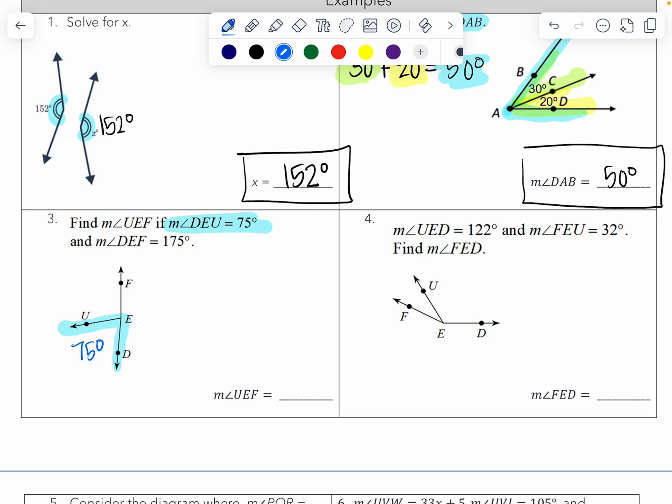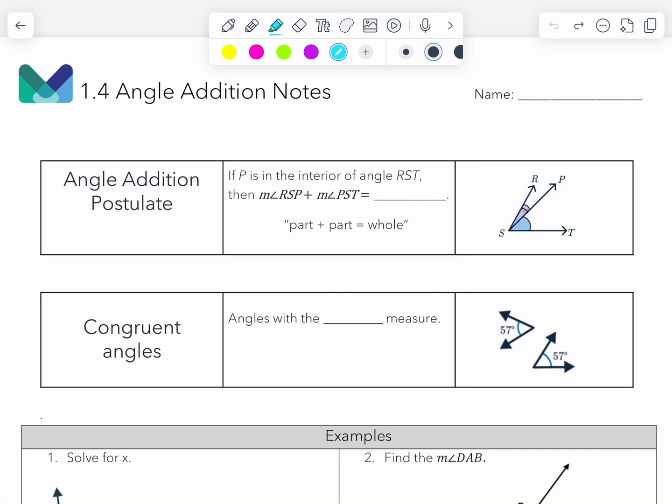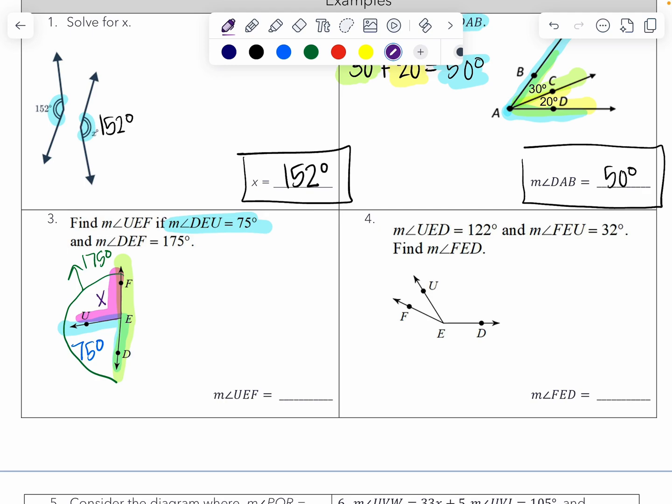All right, next it says that DEF, so from D to E to F, is our big angle in this case, and we know that big angle is 175 degrees. The thing that we want to find is UEF, or this pink angle. So I'm going to call that one X, our unknown.